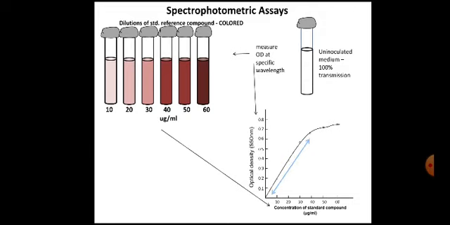What next? The next thing is you have your sample, that is the fermentation broth. This fermentation broth sample should be appropriately diluted. The next step will be to expose this sample to 550 nanometers and determine its optical density.